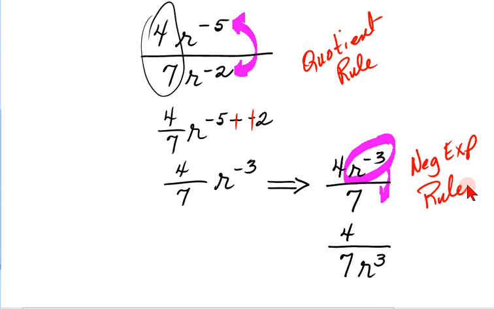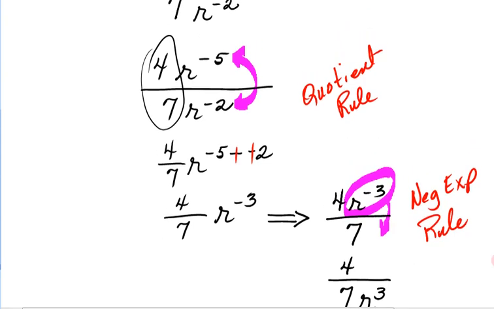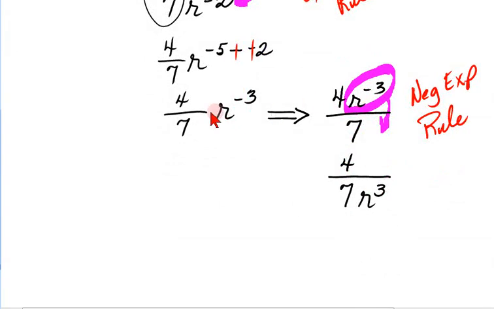I used everything except the 0 exponent in this problem. Used every single property. When you do a quotient and you get just the r to some power, it is a numerator factor. It is in the top. That's what I showed you right there.